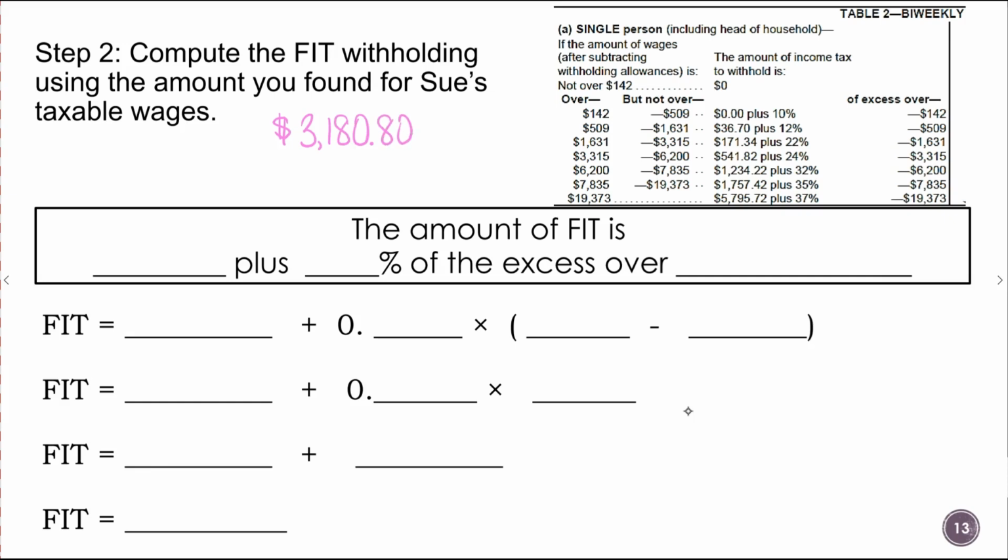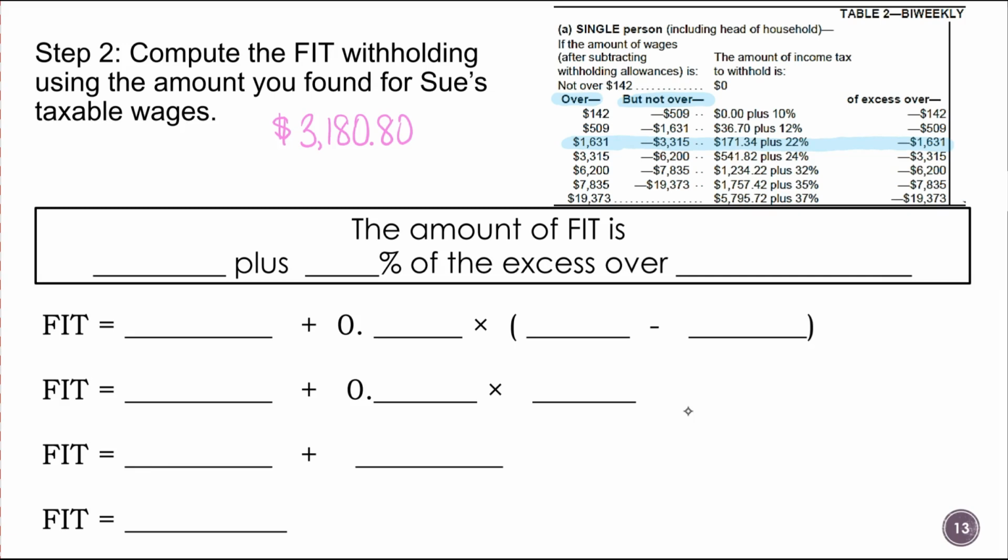And so we go to the chart and see, where does that fall? Notice it says over, but not over this amount. So it has to be between those two numbers. So when you're looking at this chart, you'll see that it's right here, right? Between 1631 and 3003.15. That's where her pay falls.